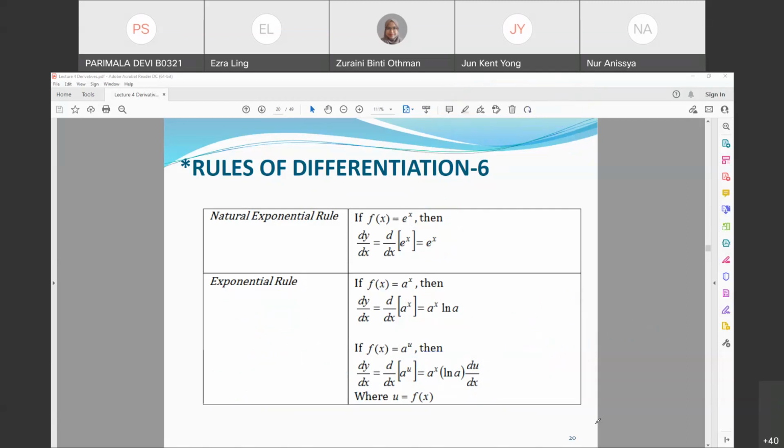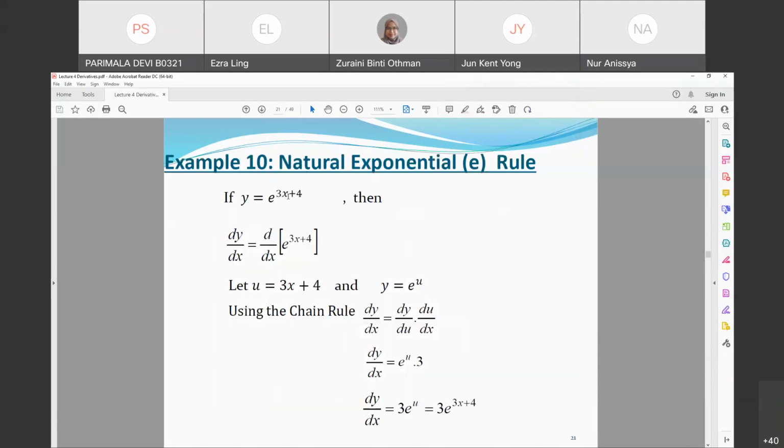Then we go for the next slide. Okay, this is the example of natural exponential rule. Okay, nampak tak kat sini? Dia bukan sahaja exponential x sahaja, but in our x here, dia ada satu equation ni, 3x campur 4. Okay, yang ni memang nak tak nak, we have to use chain rule. That's why we have to dapat betul-betul what is chain rule.